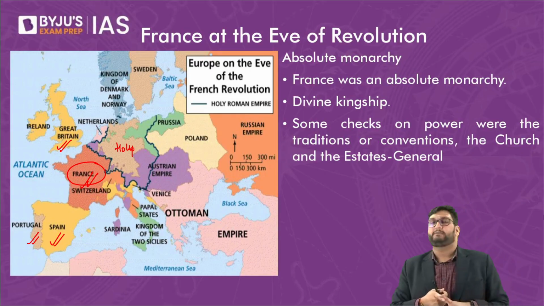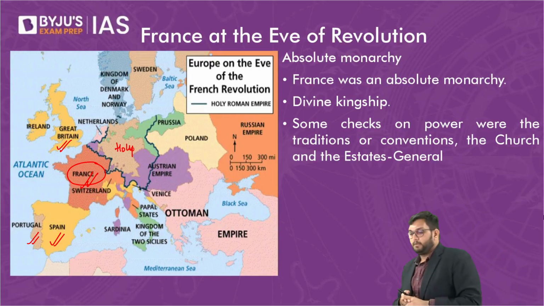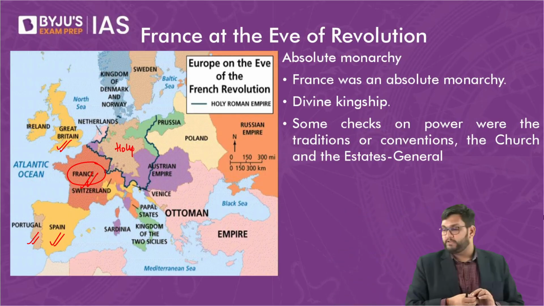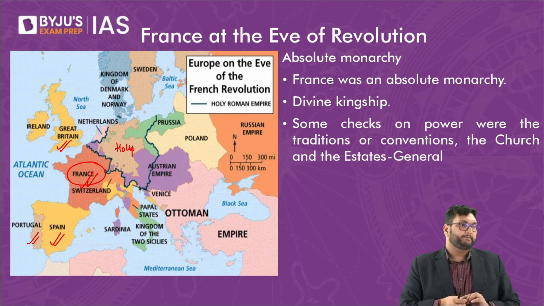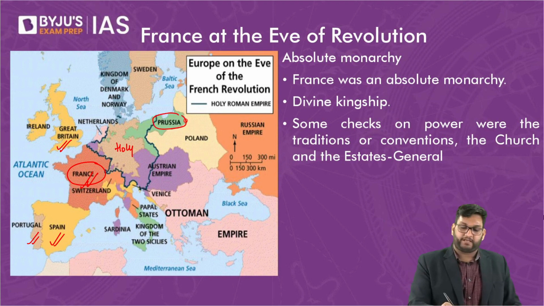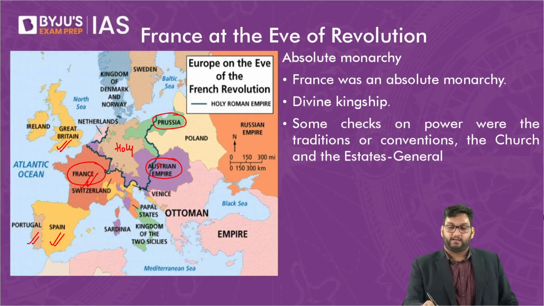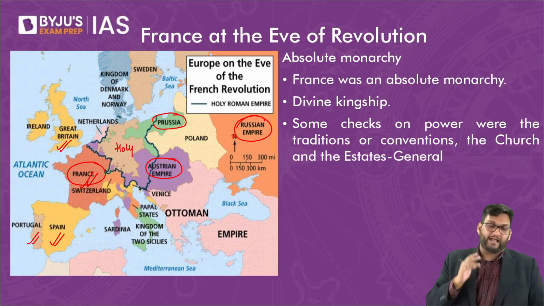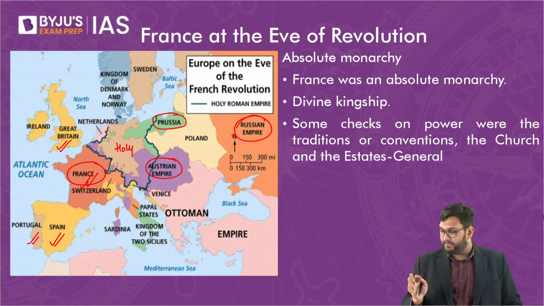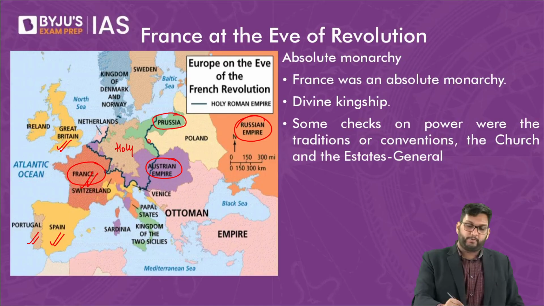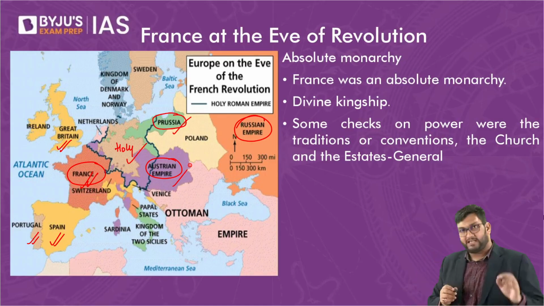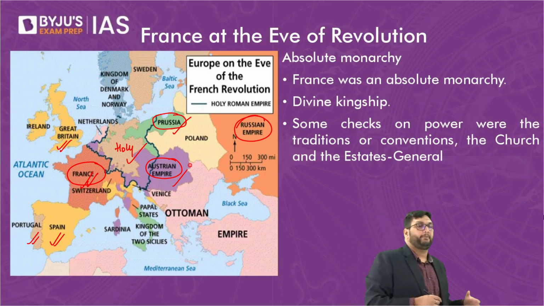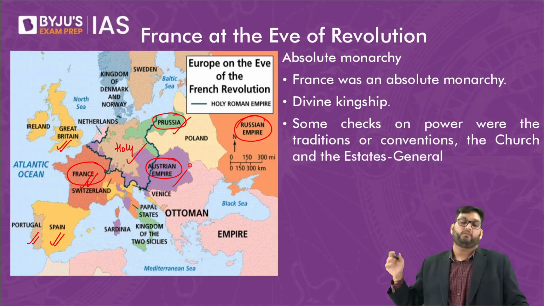There's nothing holy about this empire and nothing Roman about it, but because this emperor got the sanction of the Pope, it is called the Holy Roman Empire. And then there are 2 big countries called Prussia and Austria. Not Russia. Russia is here. So France had 3 major neighbors: the Holy Roman Empire, Prussia and Austria. Just remember this geography. When it comes to mapping, we will discuss the maps of Europe in much more detail when we go forward.